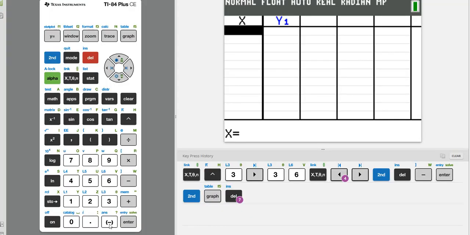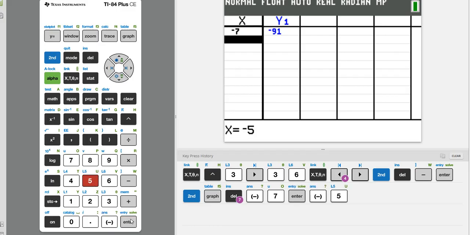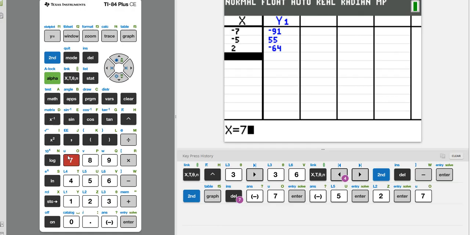So let's see. That's going to be -7, -5, 2, and 7. Now, a lot of times you'll see a pattern that we're seeing in this one. Has anyone picked up on the pattern in terms of positives and negatives?